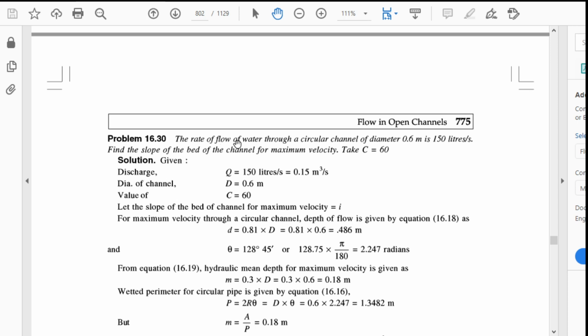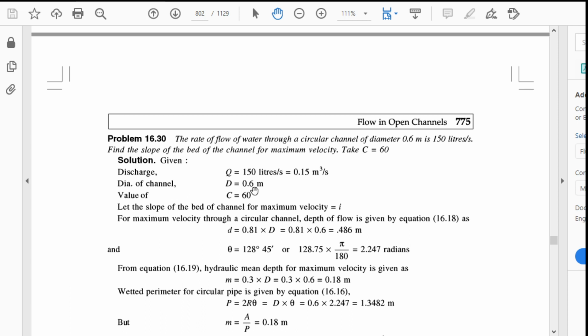Discharge, that is the rate of flow of water, is given as 150 liters per second. So convert this 150 into meter cube per second. For the conversion of liters into meter cube per second, you have to multiply by 10 raised to minus 3. So 150 liters per second is equal to 0.15 meter cube per second.